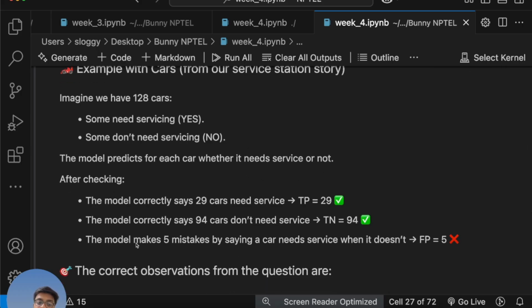False positive means a mistake by the model. The model makes 5 mistakes by saying a car needs service when it doesn't. Our model has misunderstood some data and made 5 mistakes, considering that a car needs service when those 5 cars don't need any kind of service. So our false positive will be 5. So according to this particular thing, what's the answer?